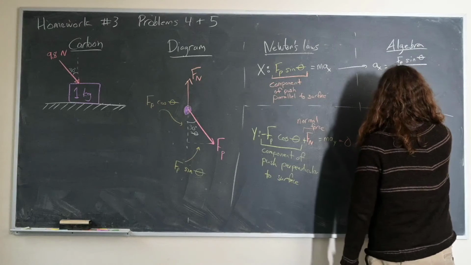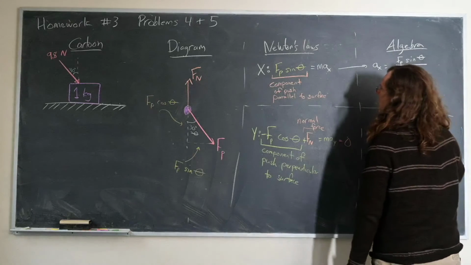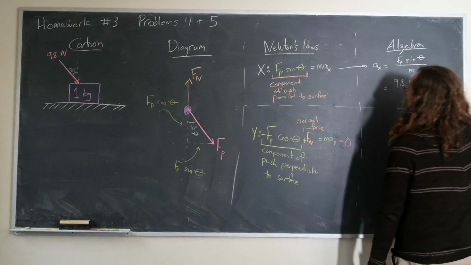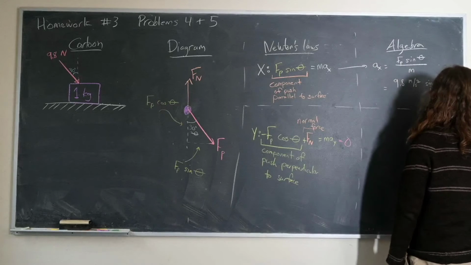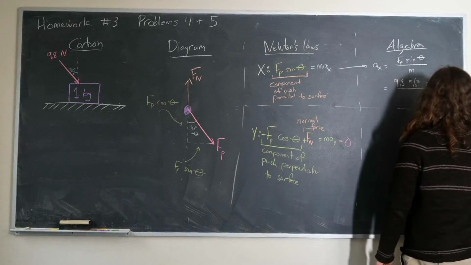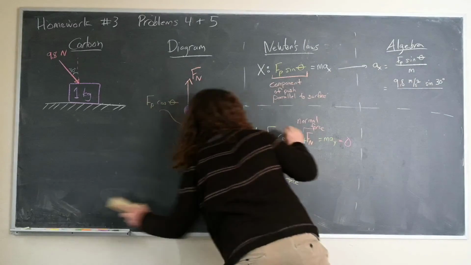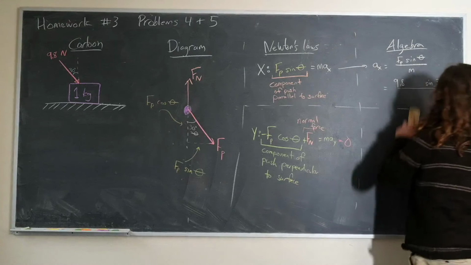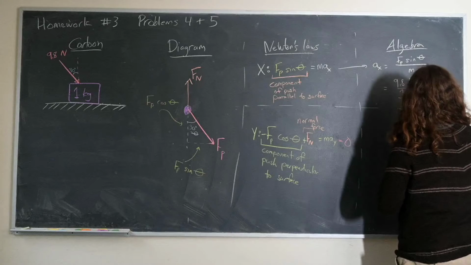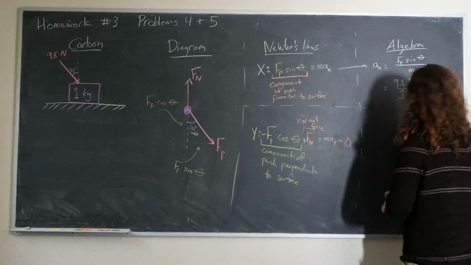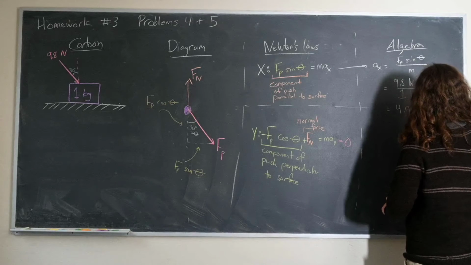That's 9.8 meters per second squared times the sine of 30 degrees, which we know is 1/2, divided by 9.8 newtons divided by 1 kilogram. And that's just 4.9 meters per second squared.